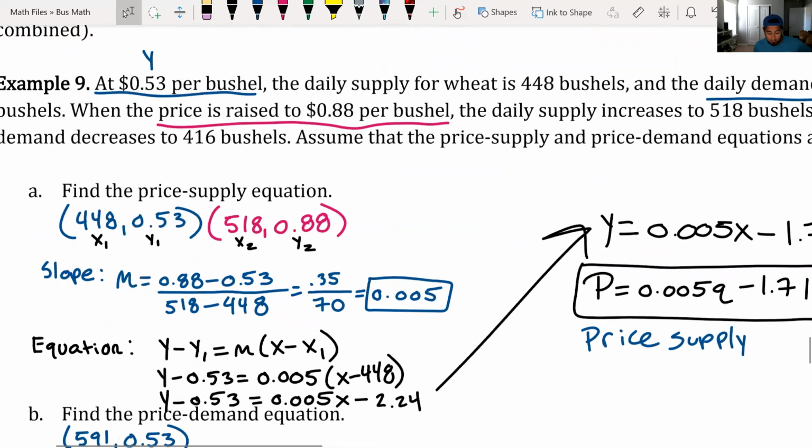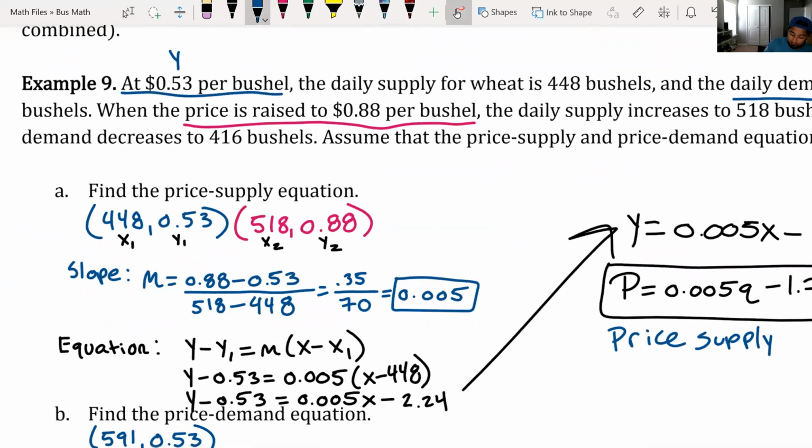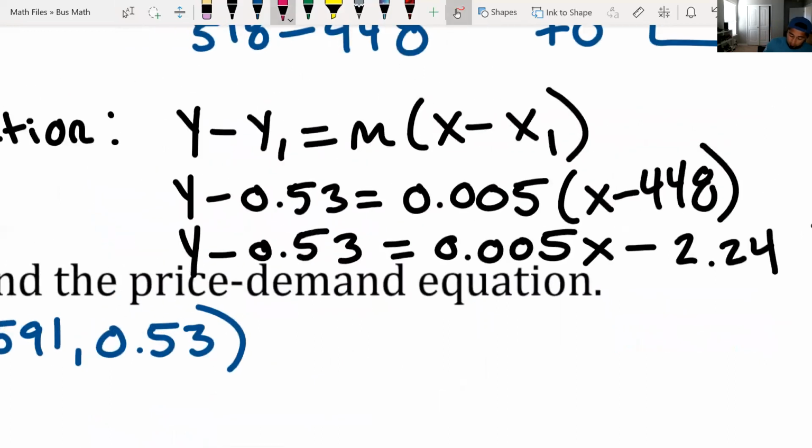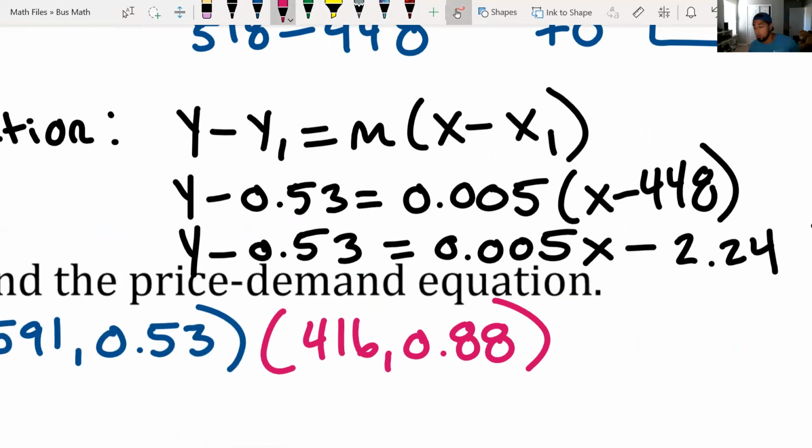The daily demand is now 416 bushels. So there's our next point, 416 and 0.88. Okay, excellent. So you have 2 points. Now we find the slope between them.